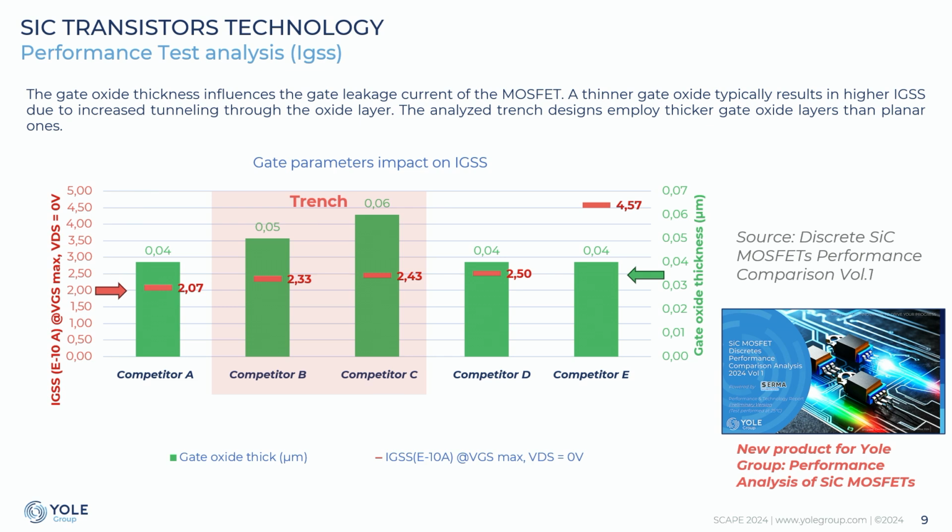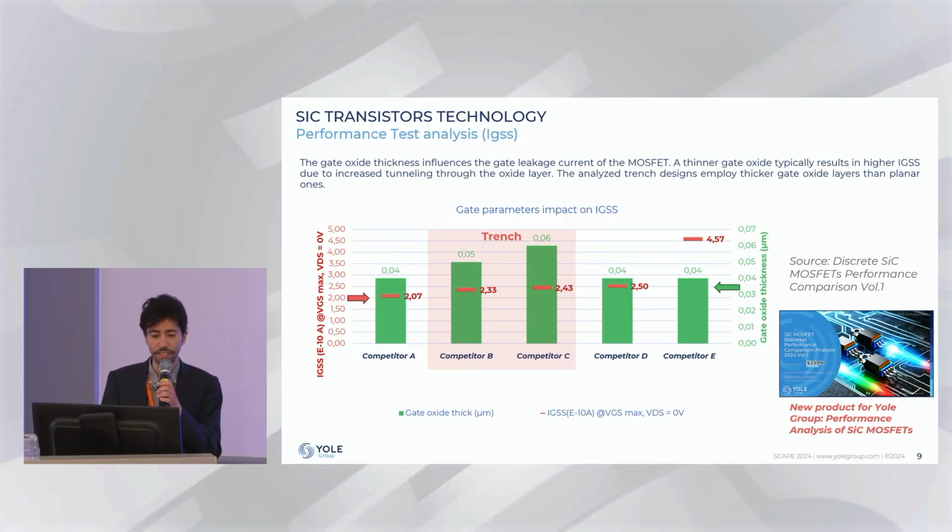And here I'm giving an example from the report, where I'm presenting the gate leakage current for different competitors from A to E, and linking them to the physical parameters we are measuring through the teardown, such as gate oxide thickness here as an example.